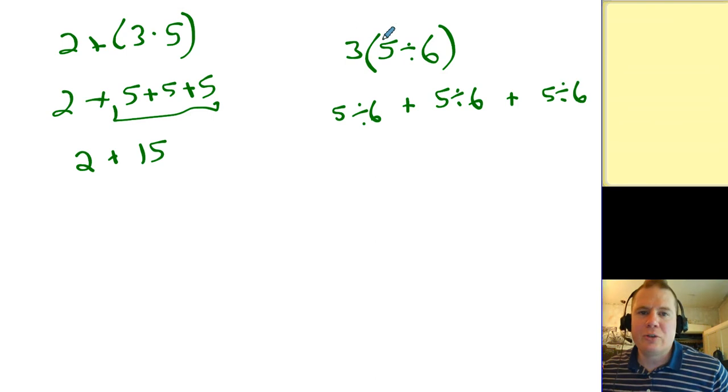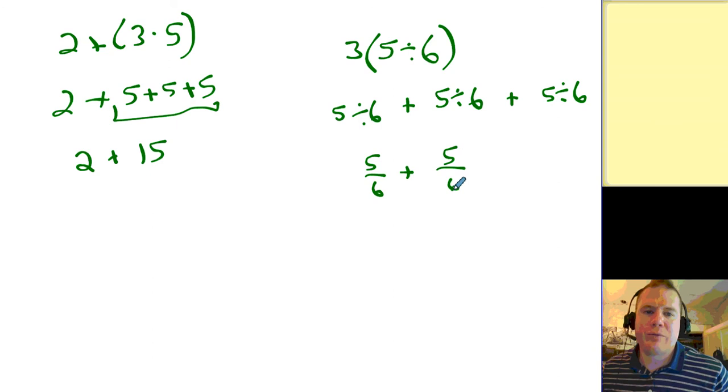There's something being multiplied by 3. I have whatever was in the parentheses here 3 times, whether I write it in fraction form or using the division symbol. There's no 3 5s, 3 6s. This is a different thing.